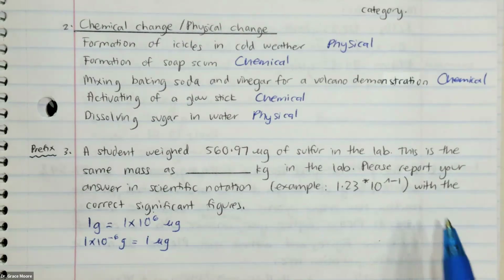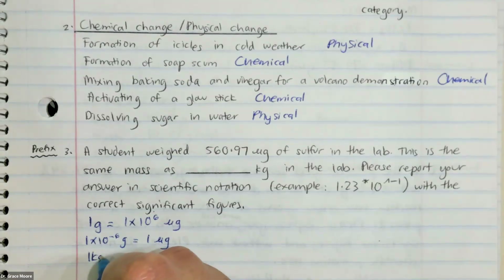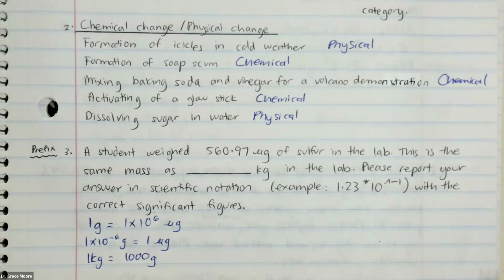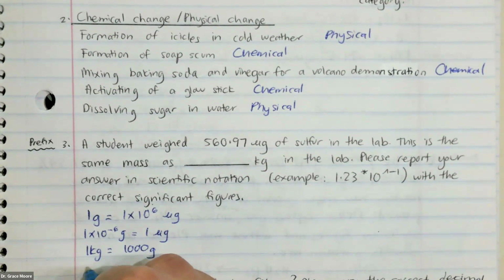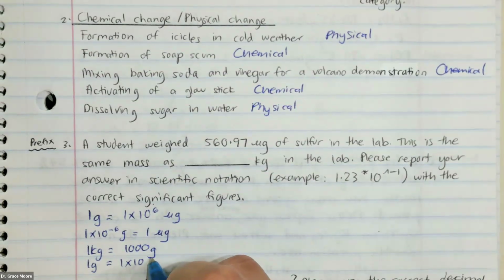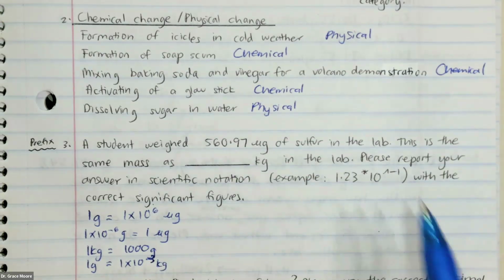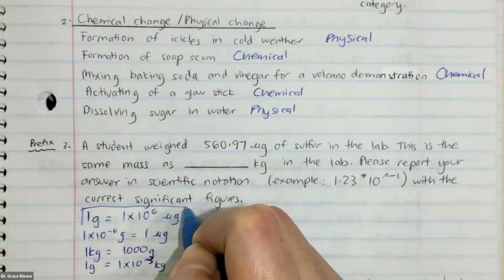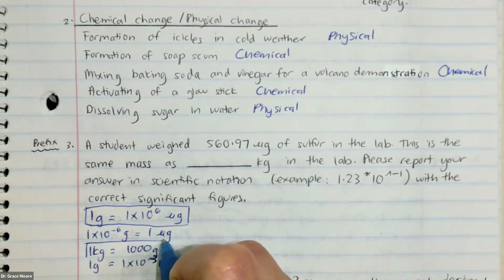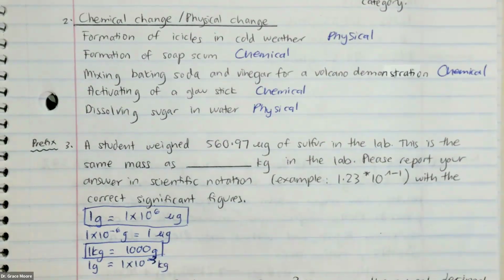Now, the next conversion that you need to know is 1 kilogram contains 1,000 grams. So that one's a pretty common one. And if you really wanted to, you can write it the other way. You can say 1 gram is 1 times 10 to the minus 3 kilograms. But I'm going to choose the conversions without the negative signs here for this question.